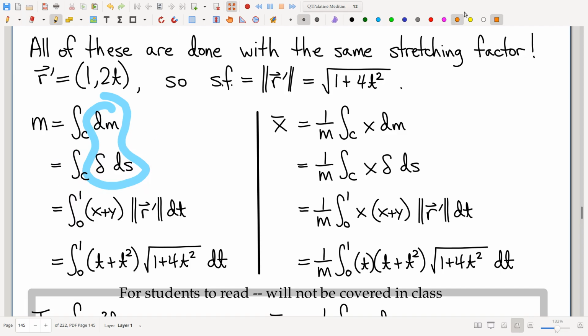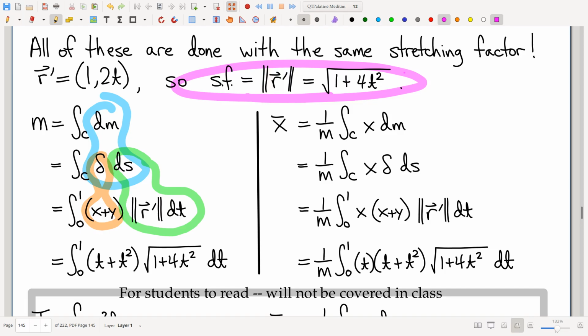And then furthermore, we know the density that was given in the statement of the question. And we know from previous discussion that y'all watched on the recording, ds is speed times dt. That was kind of one of the big points on the previous page. And we've already computed that speed, aka stretching factor.